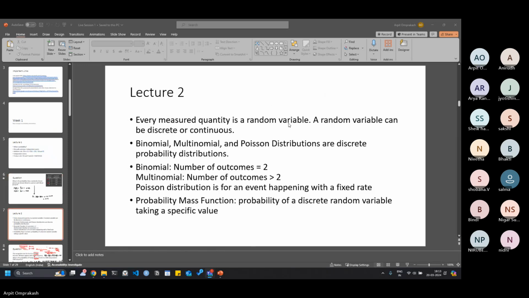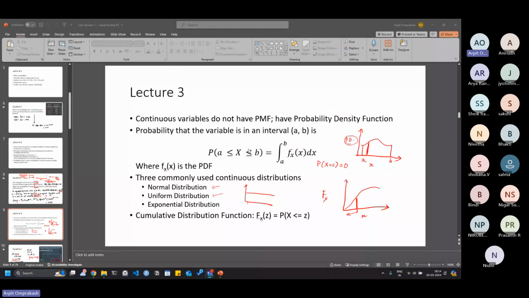Then in the first week, we also talked about random variables. We talked about probability distributions, such as binomial, multinomial, and Poisson distribution. We talked about probability mass function and probability density function. At any point, if you feel like you want more explanation or you have a doubt related to that topic, you can ask.